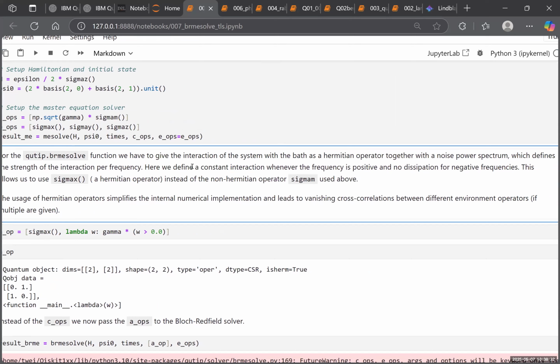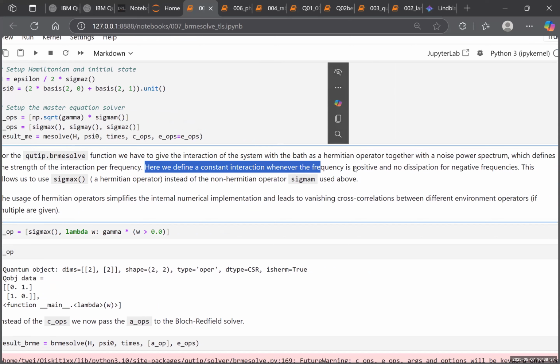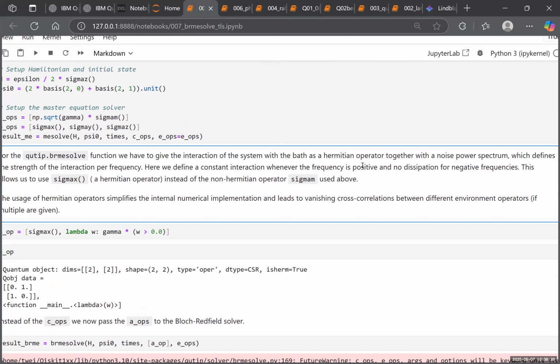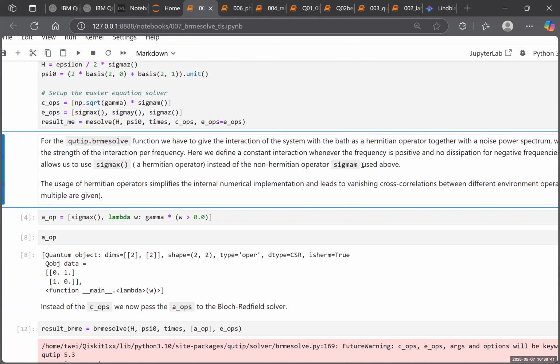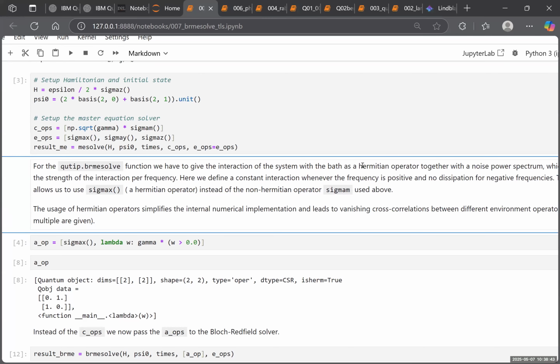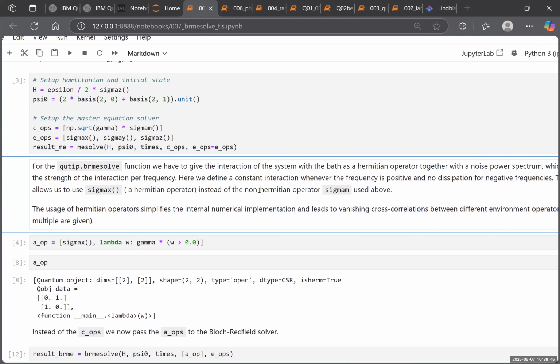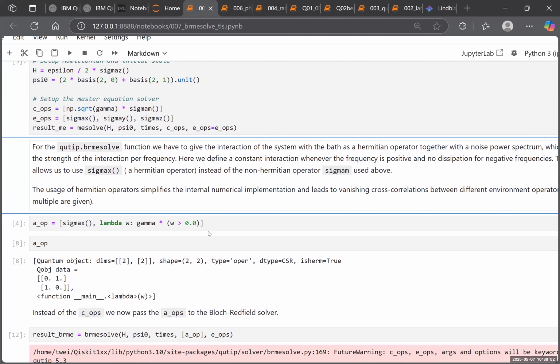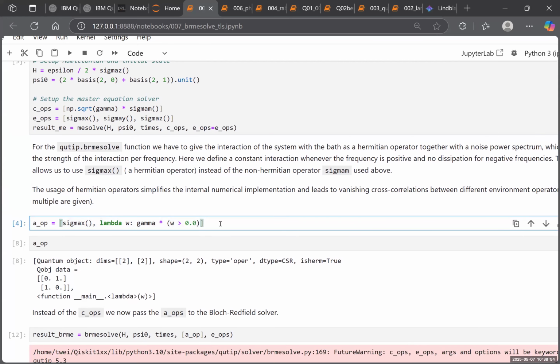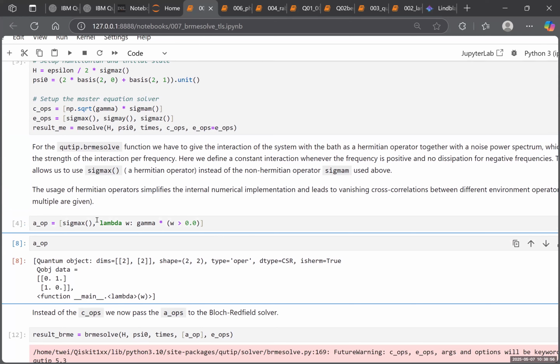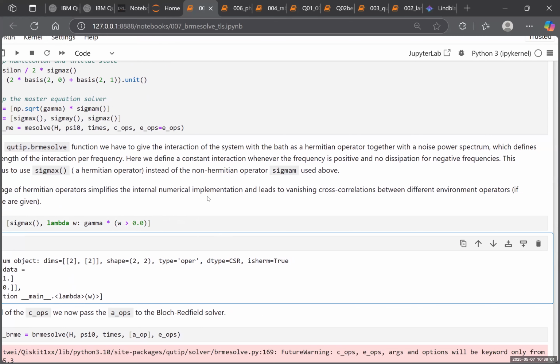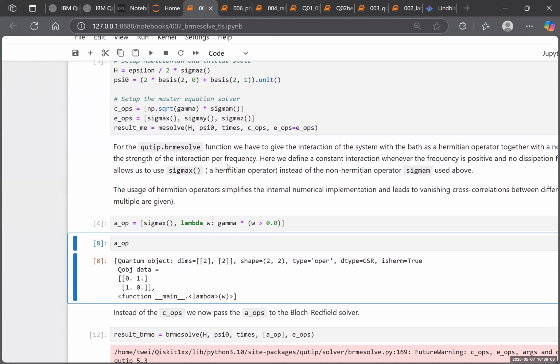But basically we define a constant interaction whenever the frequency is positive and no dissipation for the negative frequency. So it allows us to use sigma x instead of this non-Hermitian sigma minus. Okay, so this up here uses this lambda function. W is the frequency. If it's positive, then you have this operator.